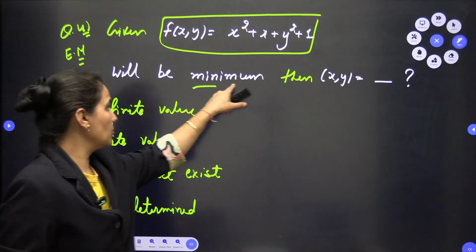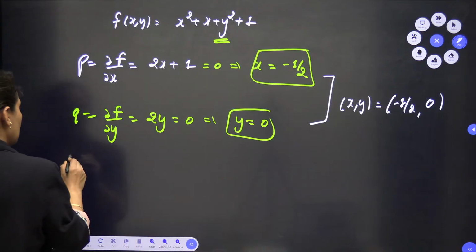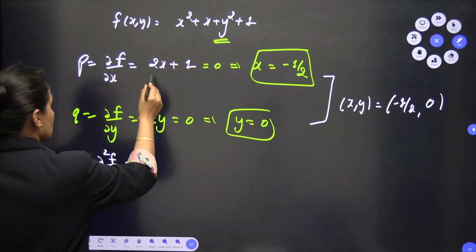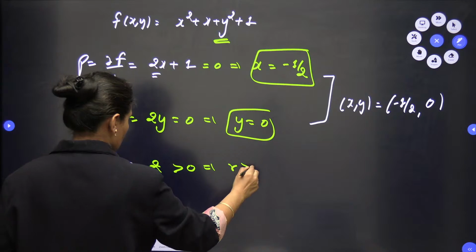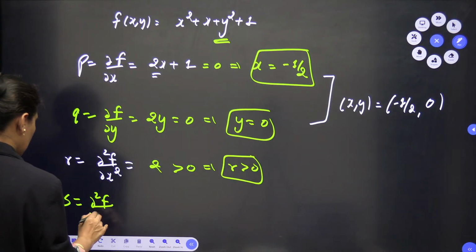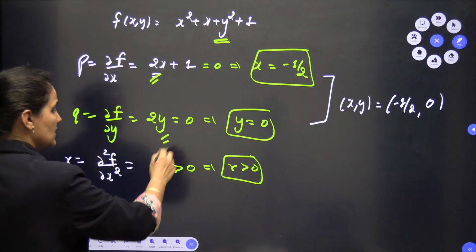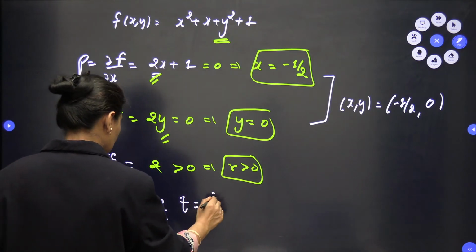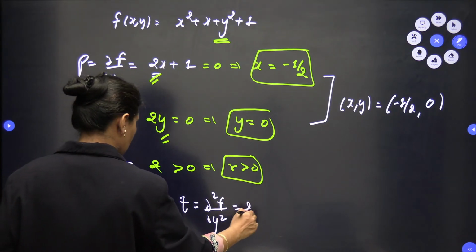I don't know whether at minus 1 by 2 and 0 we have a minimum or not, because the question is talking about the minimum. So we need to check the complete condition for the minimum. Checking p, q, r, s, t: r is the double derivative with respect to x, which is 2, greater than 0. s is the mixed derivative with respect to x and y, which is 0. And t is the double derivative with respect to y, which is again 2, positive.